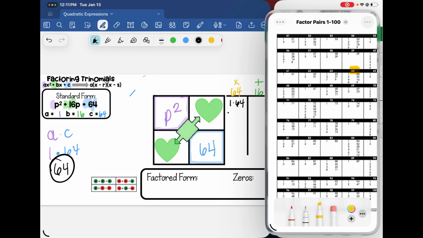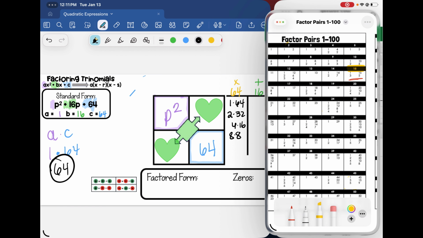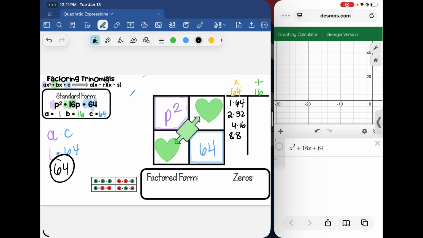I can say 2 times 32. I can say 4 times 16, or I can say 8 times 8. But I want the two numbers that's going to add up to 16. Well, what is 1 plus 64? What is 2 plus 32? What is 4 plus 16? And what is 8 plus 8? So which two numbers am I going to use? Hopefully you said 8 and 8 because they add up to 16.